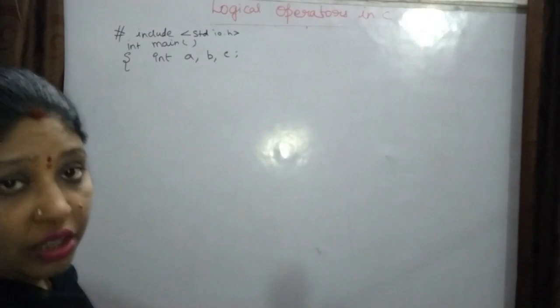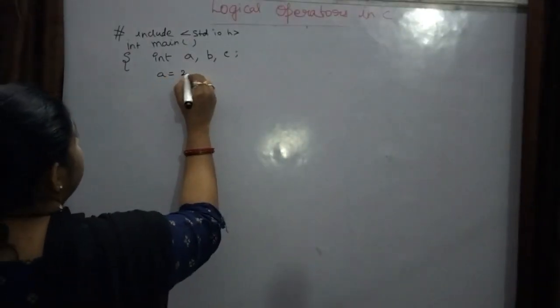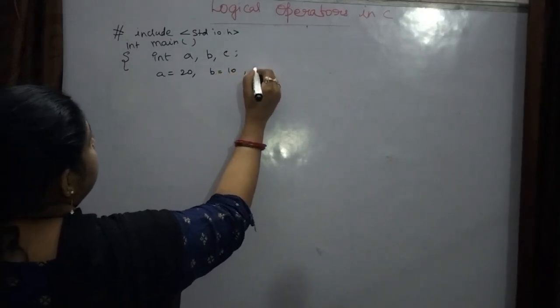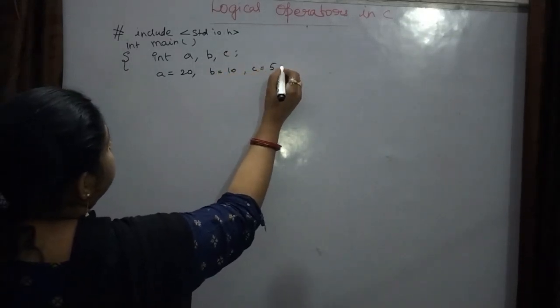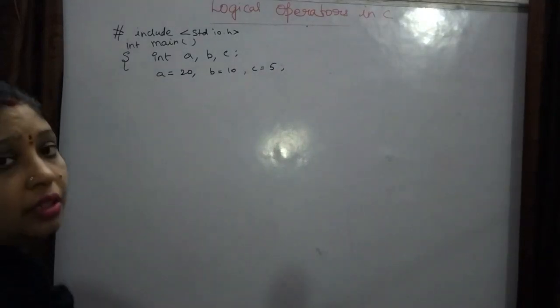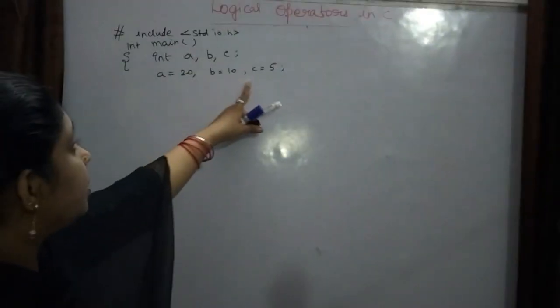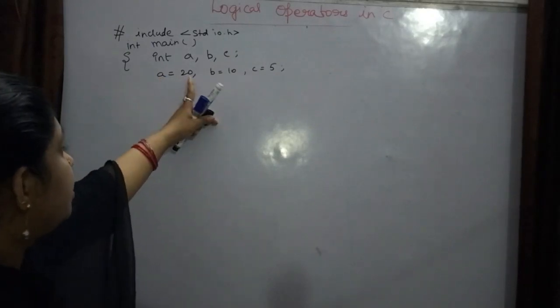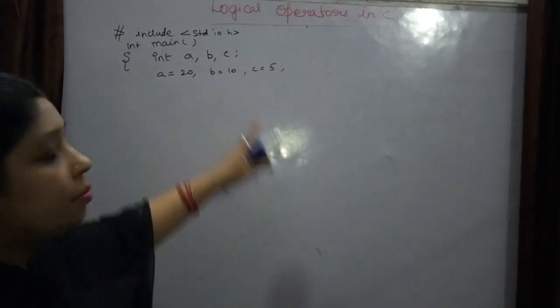This is the declaration. Now I am assigning the values: a equal to 20, b equal to 10 and c equal to 5. That means these values are stored in these variables. Understood? These values are stored in these particular variables.